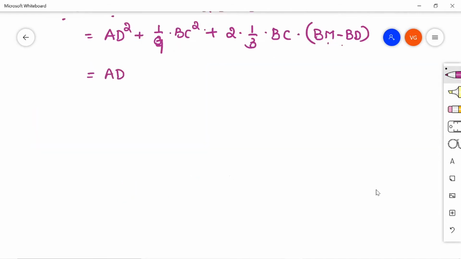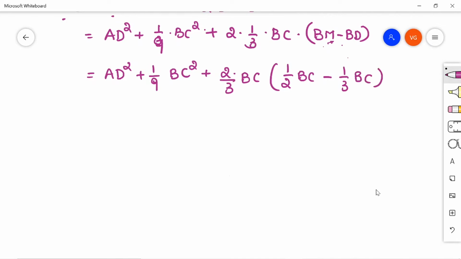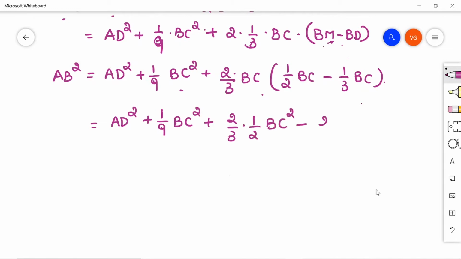Now write it as AD square plus 1 by 9 BC square. I am trying to bring everything in terms of BC. So 2 by 3 times BC into BM, and M is the midpoint of BC, so BM is half of BC, minus BD, which is 1 by 3 times BC. Now everything is in terms of BC. So write it down: AD square plus 1 by 9 times BC square plus 2 by 3 into 1 by 2 BC square minus 2 by 3 into 1 by 3 BC square.